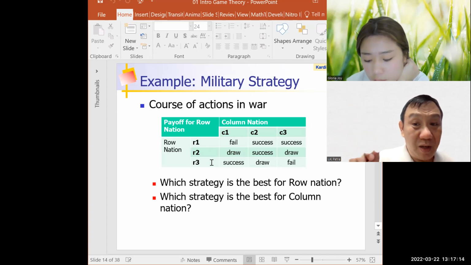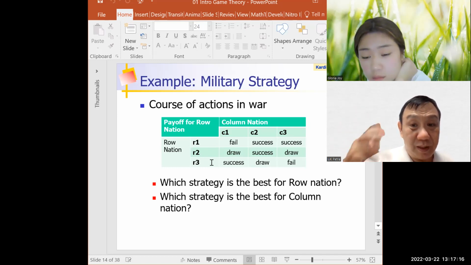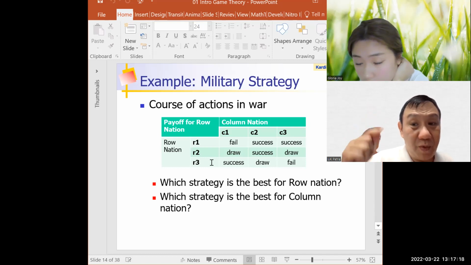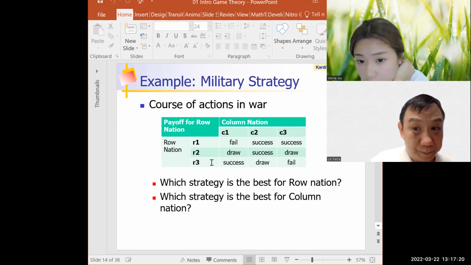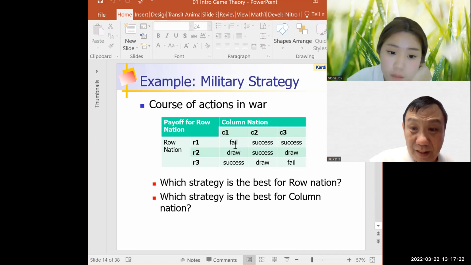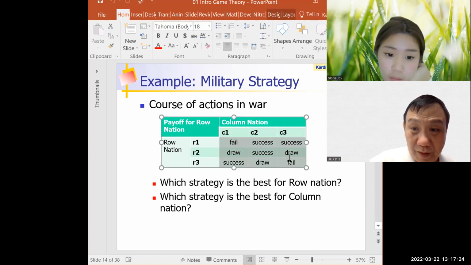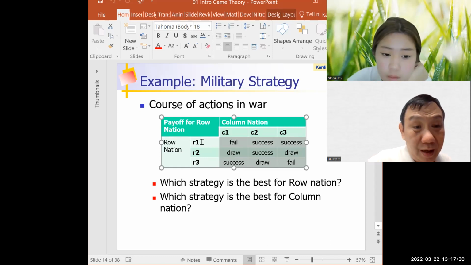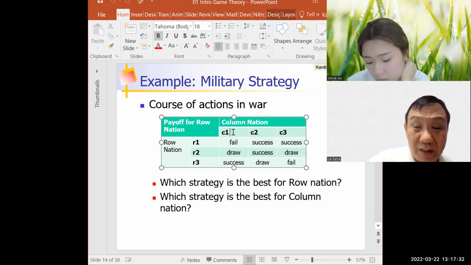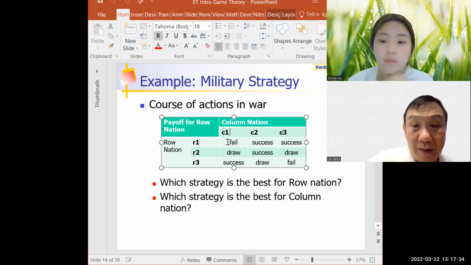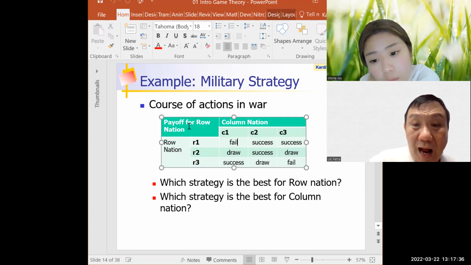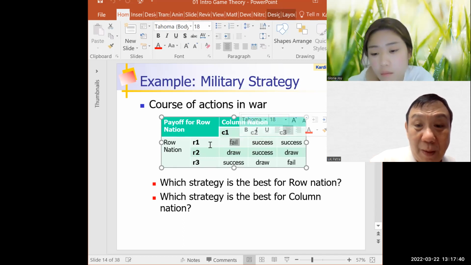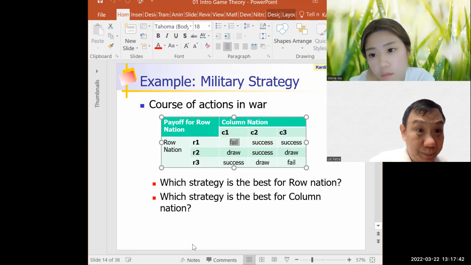Column nation will have three possible alternatives: C1, C2, C3. Okay, and these are the outcomes. See, that means if row nation chooses R1 and column nation chooses C1, okay, then this cell means the payoff for the row nation.